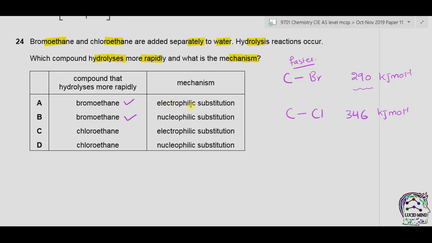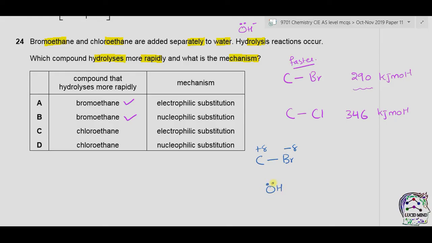Now let's look into the mechanism, whether it is electrophilic substitution or nucleophilic substitution. In the hydrolysis reaction, OH negative from water acts as a nucleophile. Now what will happen is that due to the more electronegative bromine atom, it will become partial negative and carbon will become partial positive.